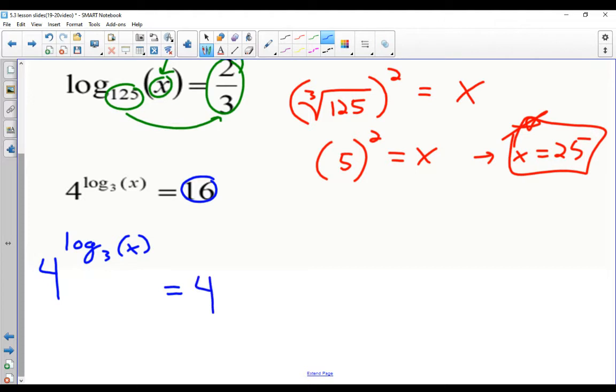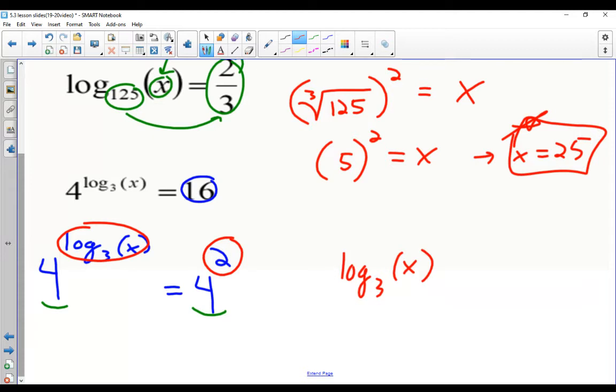Well, I know 16 is actually the same thing as 4 squared. Oh, look at that. You guys remember this from earlier this week. If my bases are the same, then my powers can be set equal. So in other words, I can take log base 3 of x, set that equal to 2.